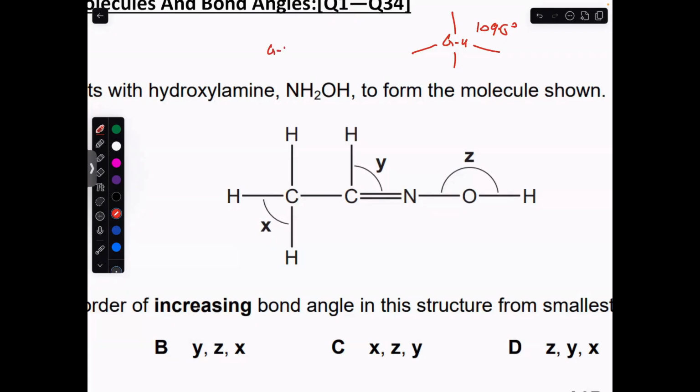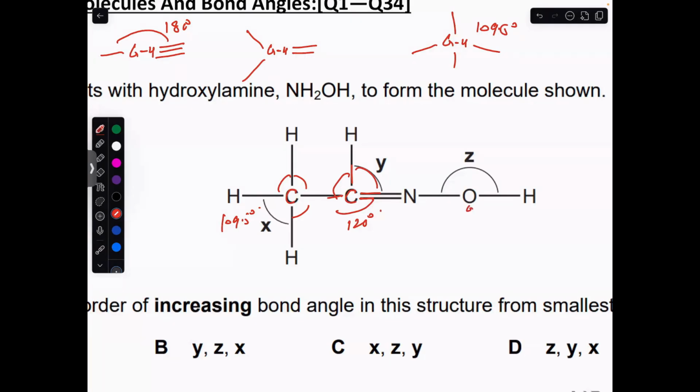If group 4 makes a double and 2 single, 120. If group 4 makes a triple, 1 single, 180. So what you can see, group 4 making 4 single, this is 109.5. Group 4 making a double and 2 single, it's 120.